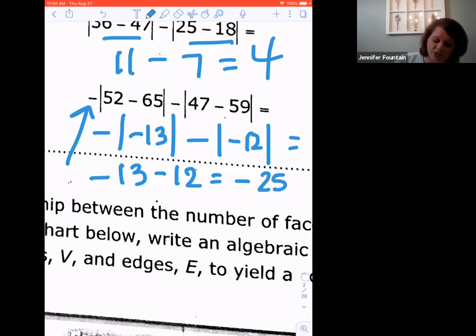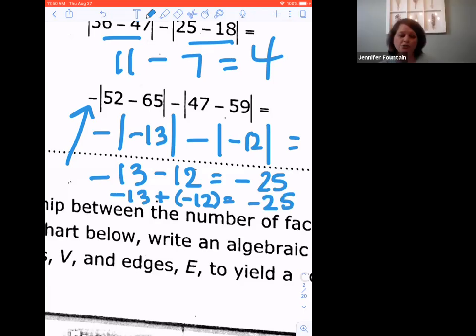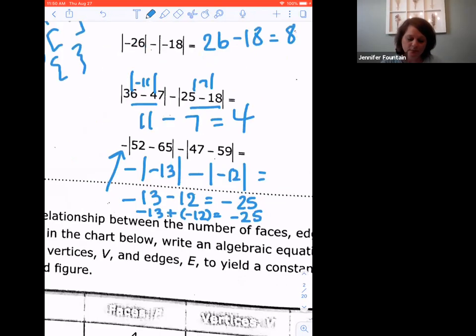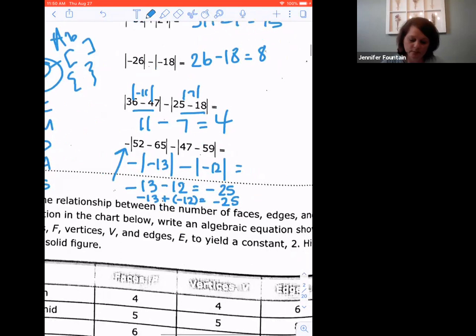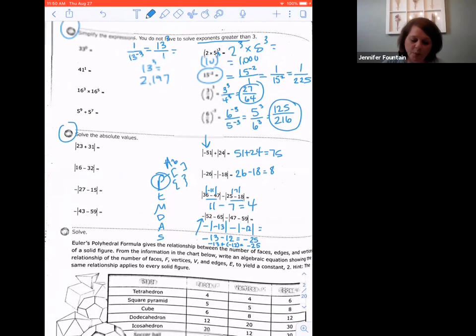If you need to change it to negative 13 plus a negative 12, if that helps you see it better, that is just fine. Change your signs. Okay? So that gives us some more practice with our exponents and absolute values.